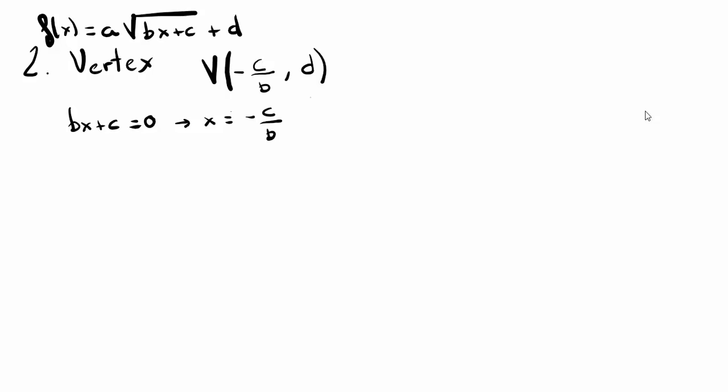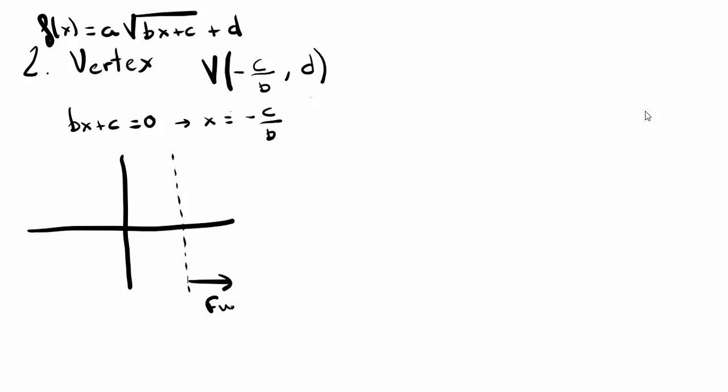So imagine, for example, that we know our variable is placed this side, as this value is minus c divided by b. Now I can place here the vertex.